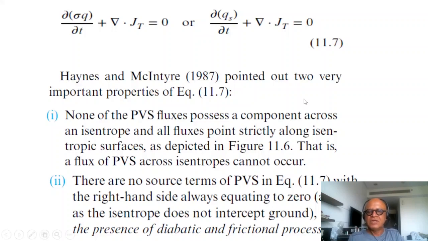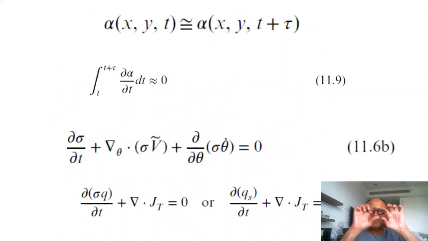Okay, so that's what this is saying. Even in the presence of diabatic and frictional processes, there are no source terms, so the right hand side becomes 0. This is the impermeability theorem, that the isentropic surfaces are not permeable to PVS.